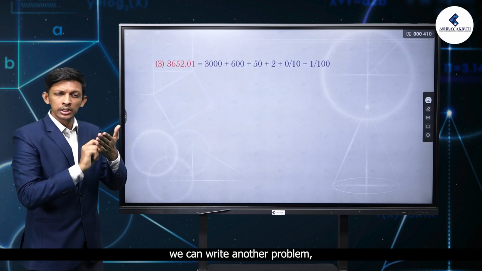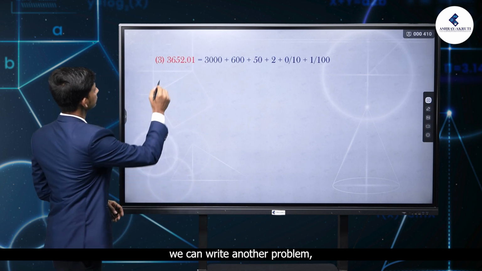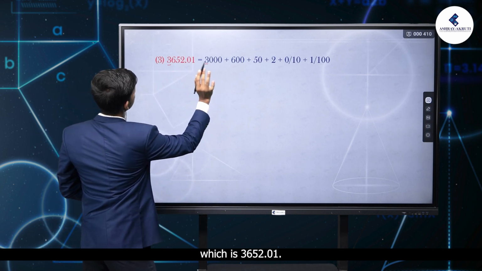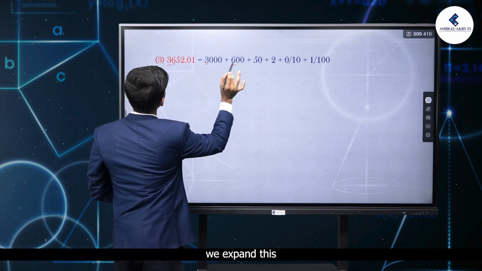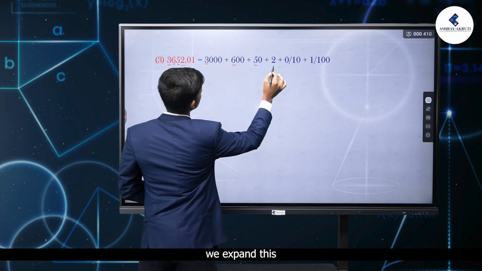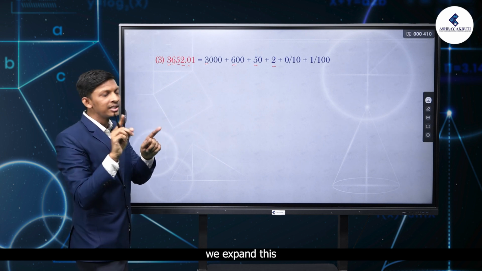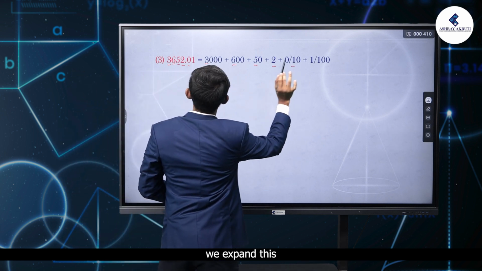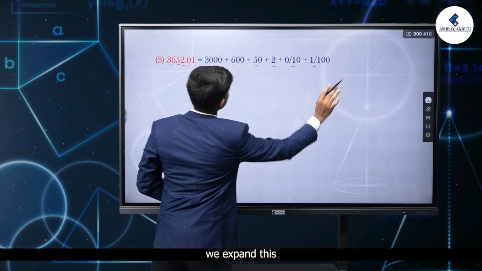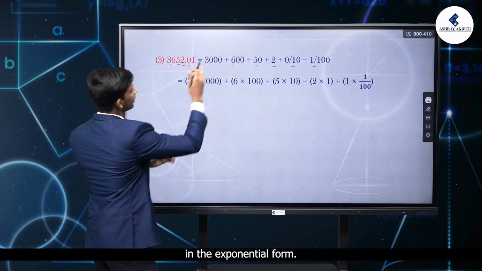Similarly, we can write another problem, which is 3652.01. We expand this, now next we write this in the exponential form.